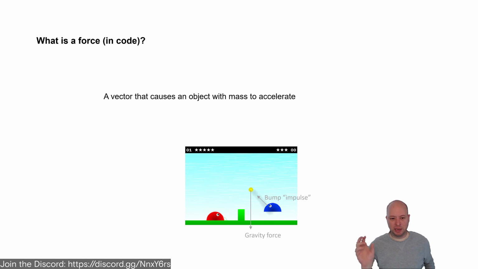Ultimately, a force is a vector that causes an object with mass to accelerate. This is actually kind of a philosophical concept, because the concept of mass came out of force, or the realization, this was Newton's stuff, right, that objects react to these forces, and that different objects with different masses react to forces in different ways.